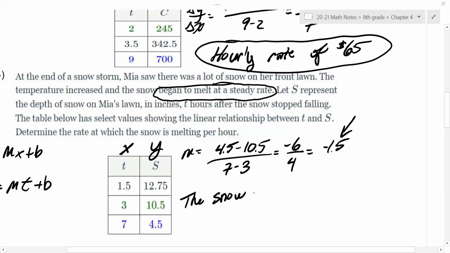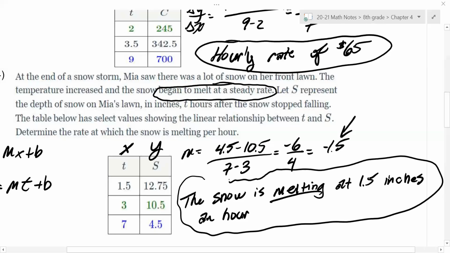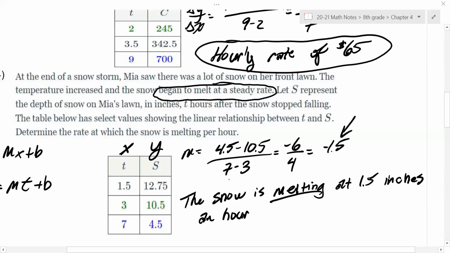The snow is melting at 1.5 inches an hour. Because by saying the word melting, obviously you know if something is melting, it's becoming a reduction in size, especially since we know what snow is.